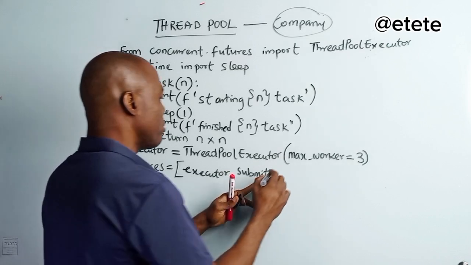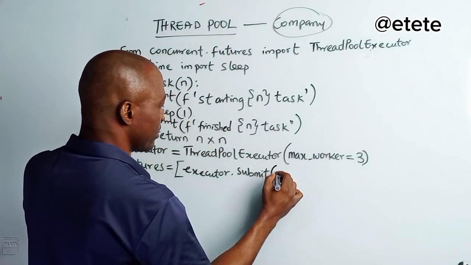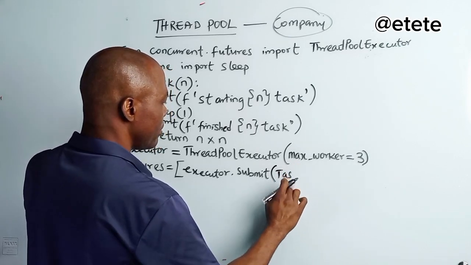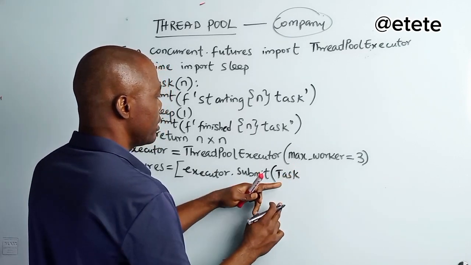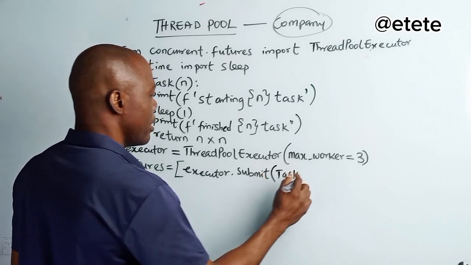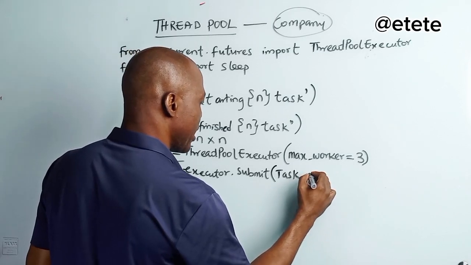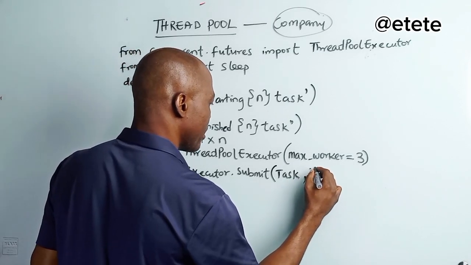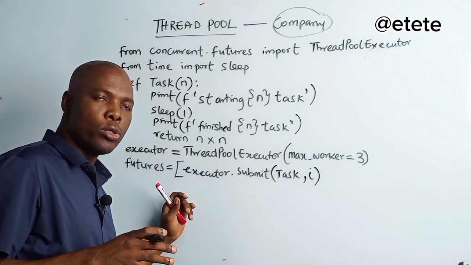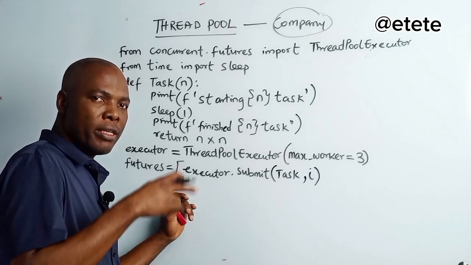So I'm calling the submit method, and I'm going to supply task, which is this task, and then here I will say I, and inside this place I will now introduce a for loop, right? A for loop that will enable me submit task.